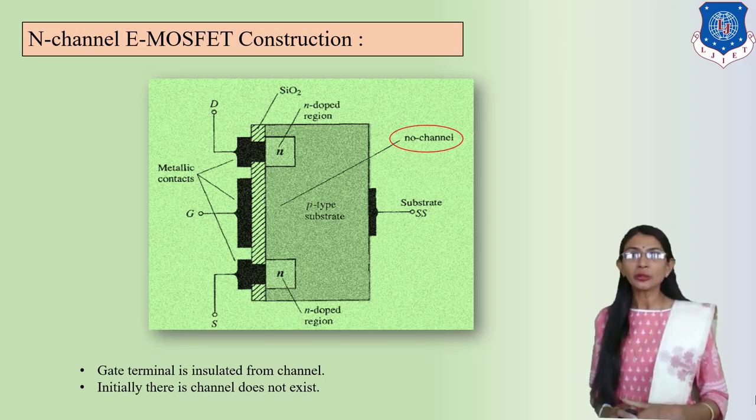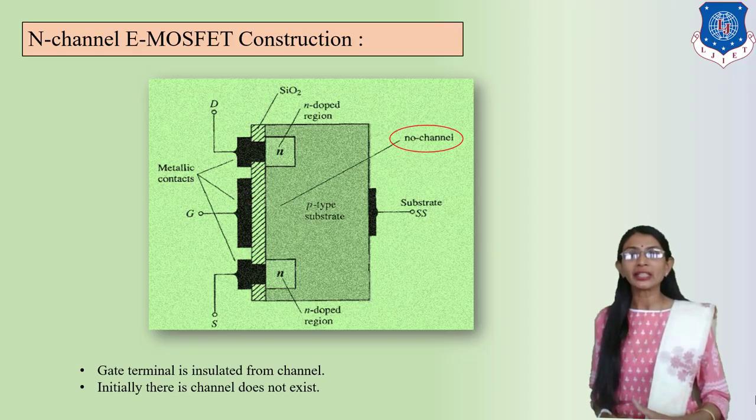Due to it there is ohmic contact with the drain terminal and with the source terminal. Metallic contacts means ohmic contacts. But there is no ohmic contact with the gate terminal. That means the gate is insulated from the channel. Initially the channel does not exist.